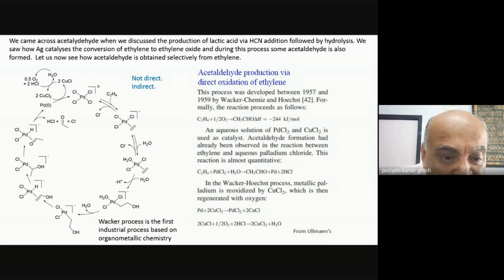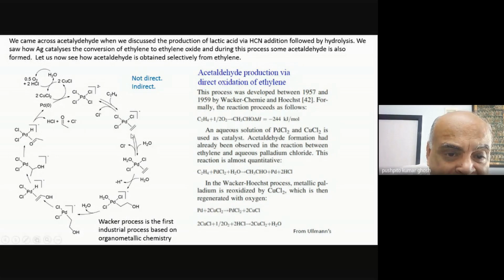Then again it forms a pi complex. Effectively it will again form an olefin here, like a pi complex over here. And now again it forms a sigma complex, but not with the end. It forms over here. So the palladium has gone and got bound here. Once that has happened, again it forms a pi complex, but this time it's the carbonyl which goes and attaches.